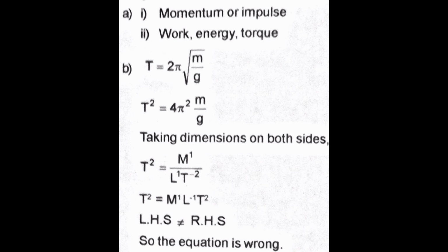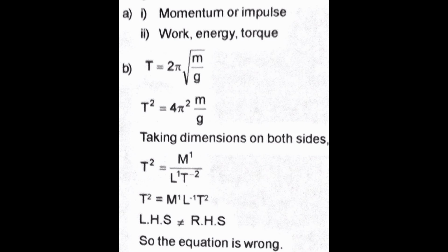Torque is moment of inertia into angular acceleration, right? How can we find moment of inertia? That is mass into distance square. So what we will get? M L^2. And what about angular acceleration? Yes, that is angular velocity by time, that is M^0 L^0 T^-2. So what will come as the torque?